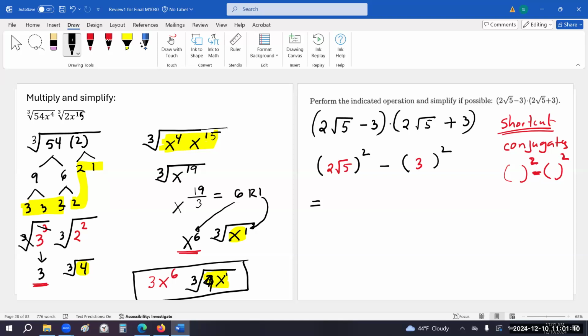What do we get from 2 radical 5 whole thing square? We distribute, so we get 4 times 5. And what is 3 square? 9. So 4 times 5, 20 minus 9.